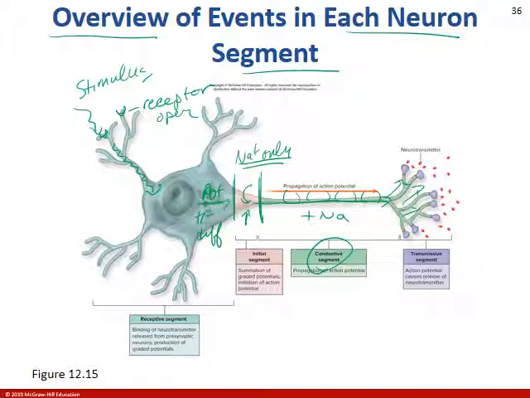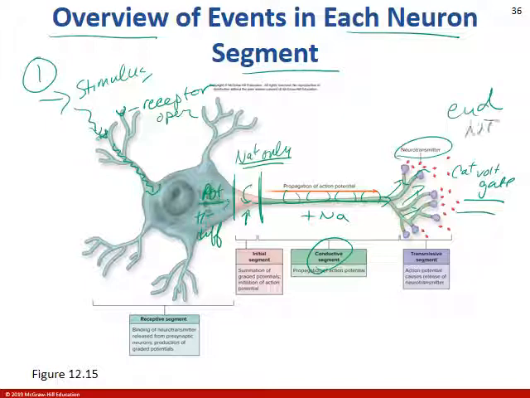And when we get to the synaptic knobs, remember we have those calcium voltage gates. And they're going to open and allow the calcium to enter the synaptic knob, which will then cause the vesicle to drop its neurotransmitter. So basically we're talking an overview of how we go from step 1, stimulating a neuron, to the very end where we have the neurotransmitter released.